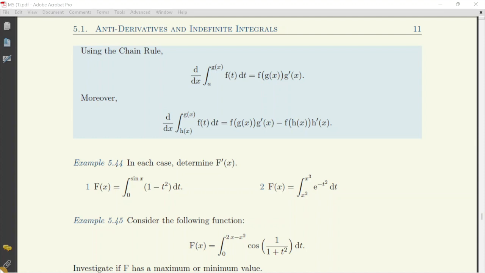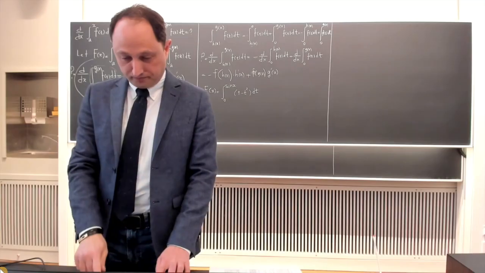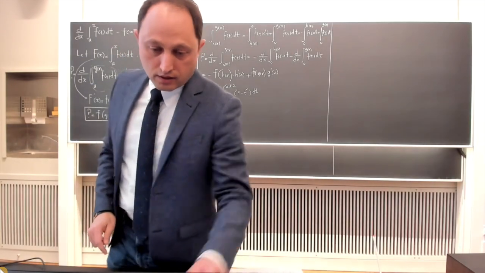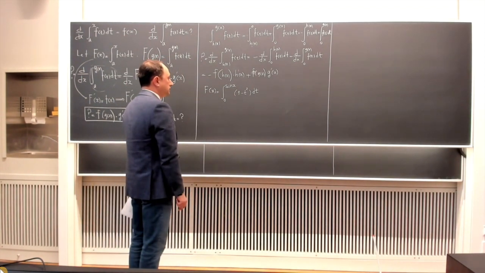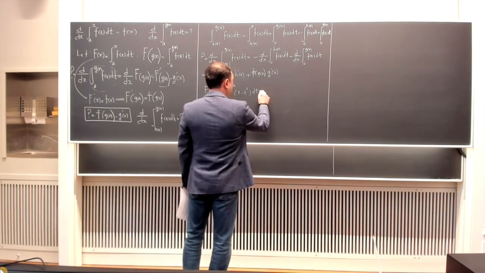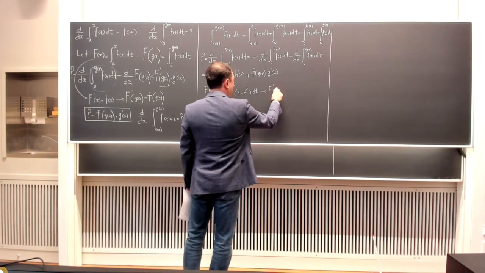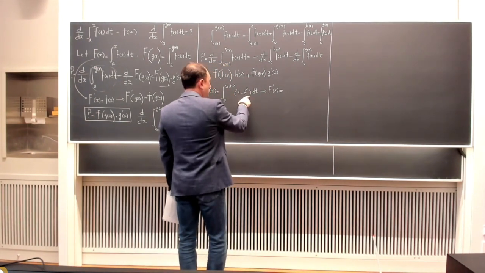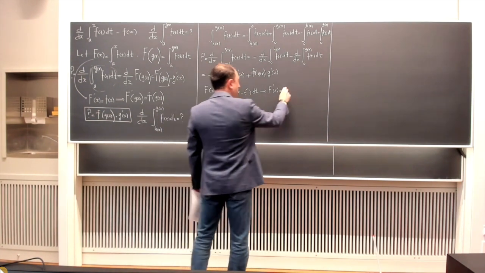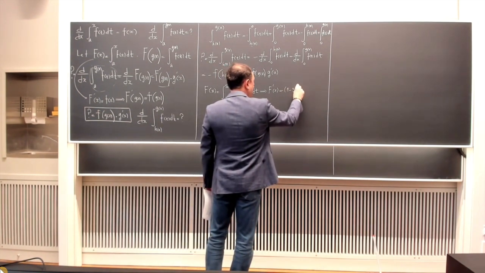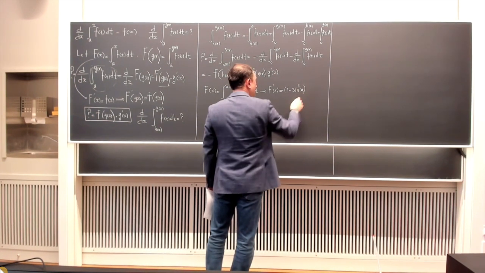Okay, so let's go back now. If I want to calculate the derivative of this function, what should I do? I write f prime of x equals, I go to my integrand, replace t with the upper limit, so this becomes 1 minus sine squared x, but this is not enough.